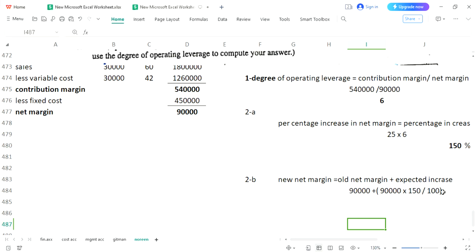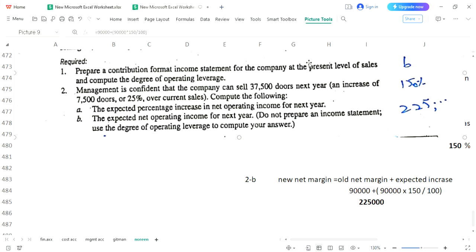The expected increase is 150%. So we can now put it on our calculator. 90,000 would be written first and then you will add 150% of 90,000. So multiply it by 150 and divide by 100, bracket close. In this way, your expected net margin would be 2,25,000. And let's see the answer. Here you can see 2,25,000 is your answer.